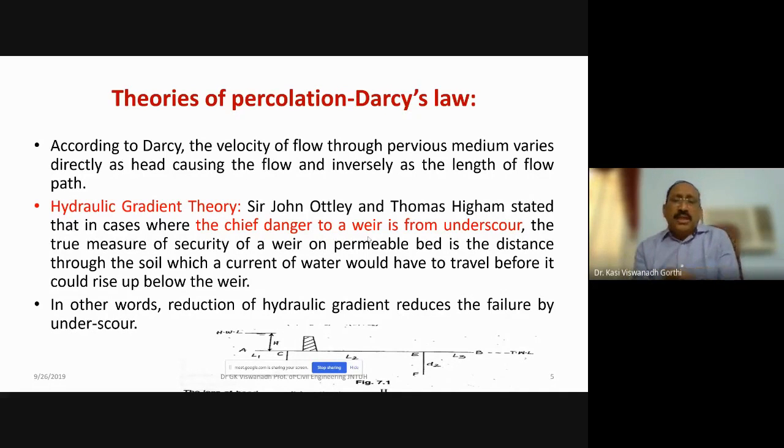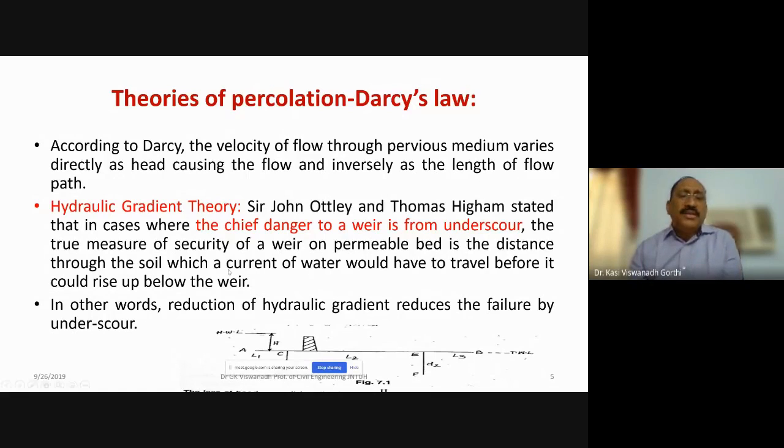So what is the total length of travel of the water? That is what is called the length of the flow path. So mainly the danger for a weir from the undercover is only the movement of the water through the soil beneath the weir, how much length it is moving.